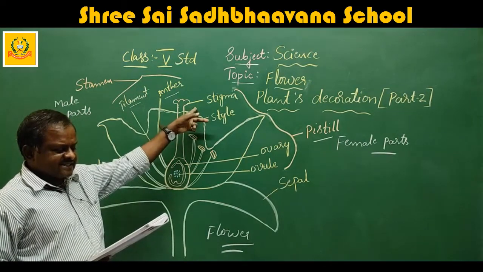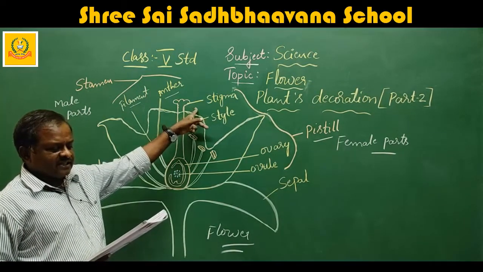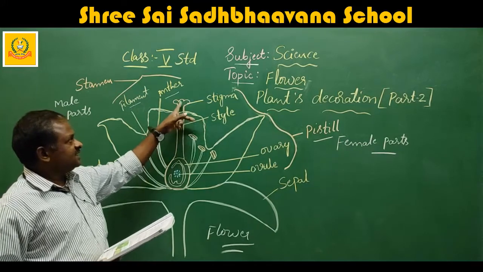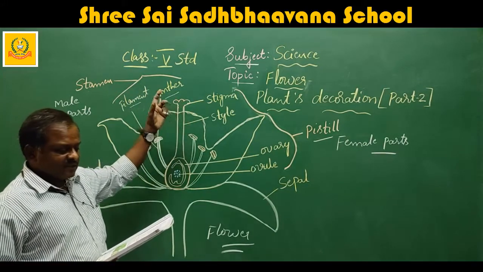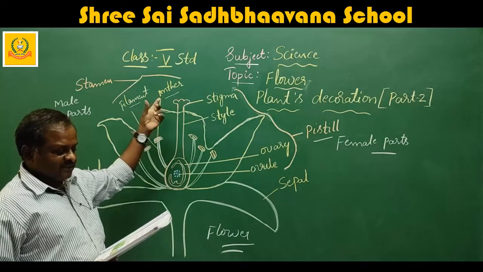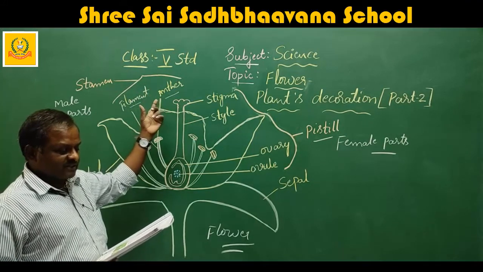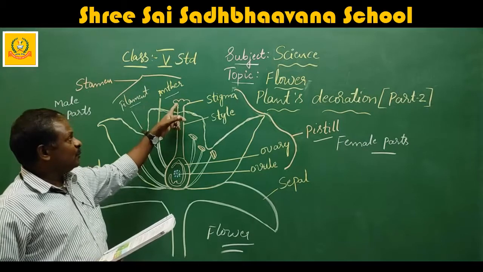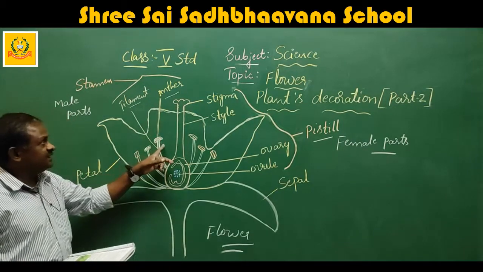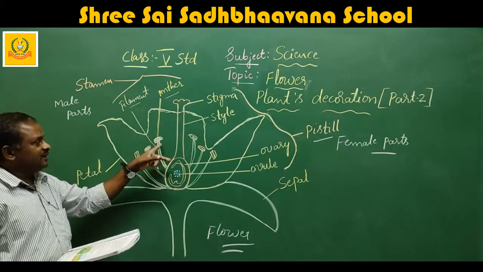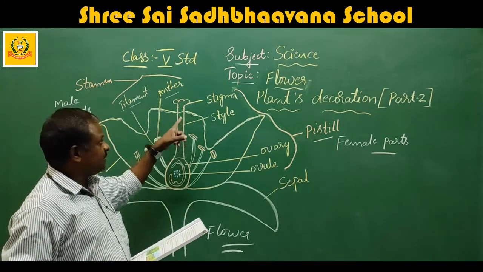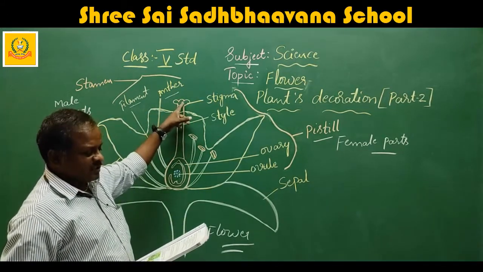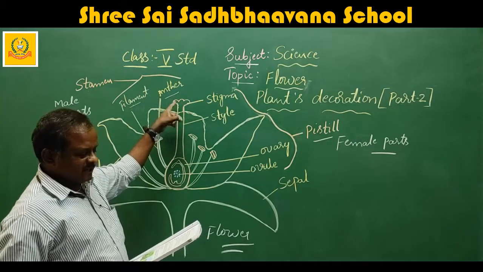It is the sticky bulb visible at the center of a flower. It traps and holds the pollen produced in the anther, the male part, and these pollens germinate on the stigma.